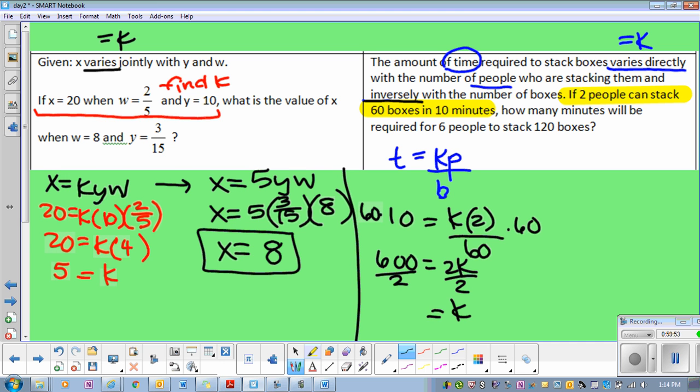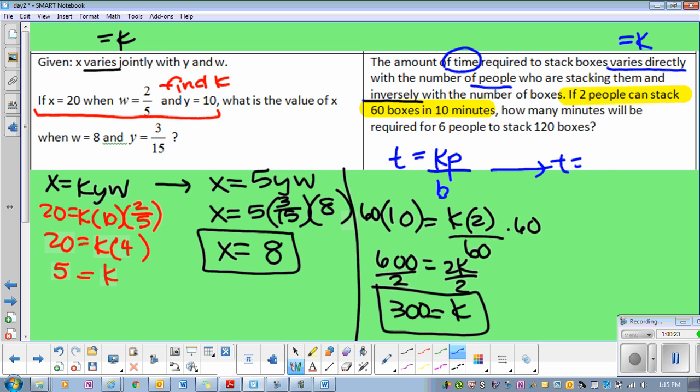K equals 300 divided by 2. Oh, never mind. Use the wrong numbers. All right. So k equals 300. So you need to take your original equation and now plug in 300.